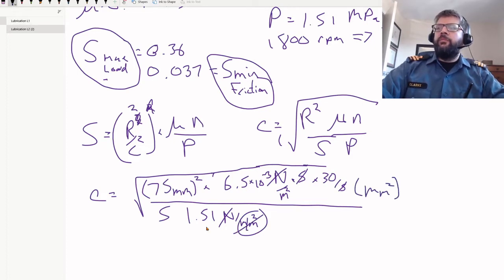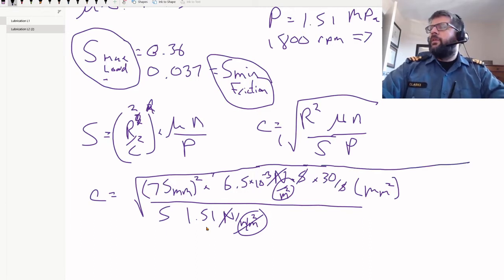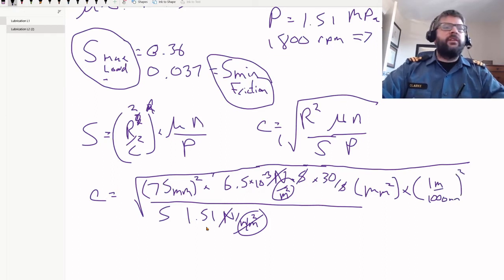We have meters here, so we need to convert one of those pairs of millimeters to meters, times 1 meter per 1,000 millimeters, squared, and that allows us to cancel out those millimeters and the meters squared.